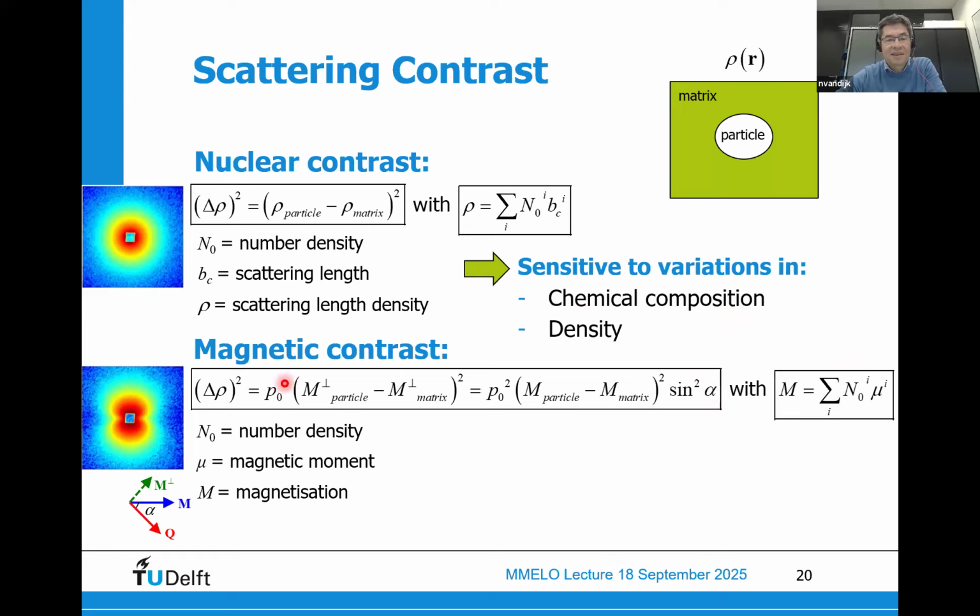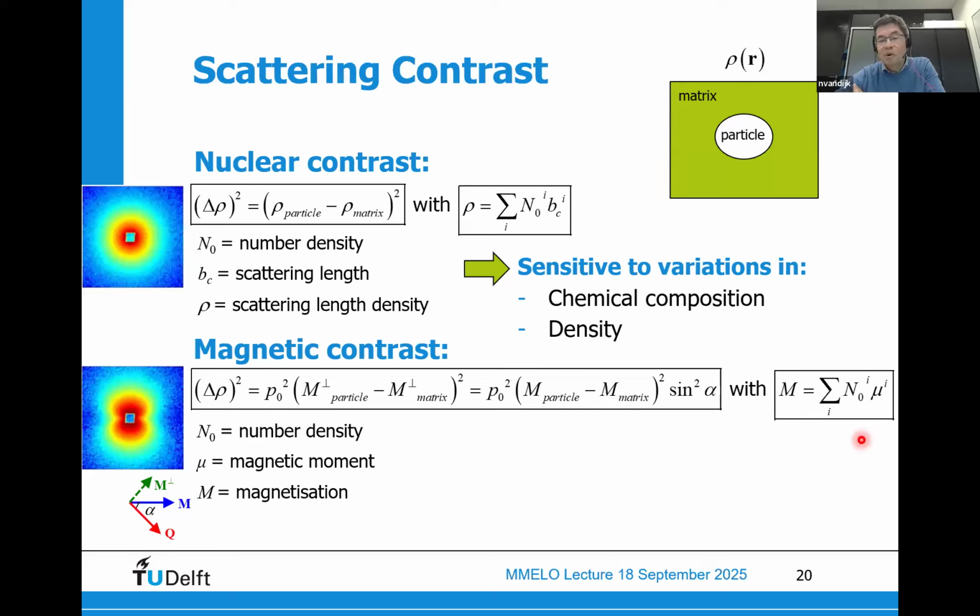Magnetically, there is a proportionality factor, and then you have the difference in magnetization, and that will be angular dependent. And if you align everything, then it will depend on this angle between the scattering vector and the magnetization.